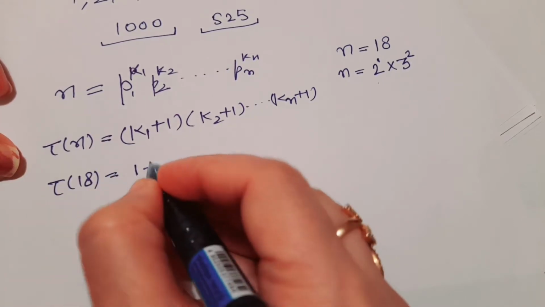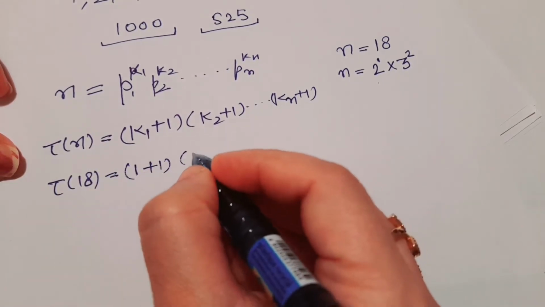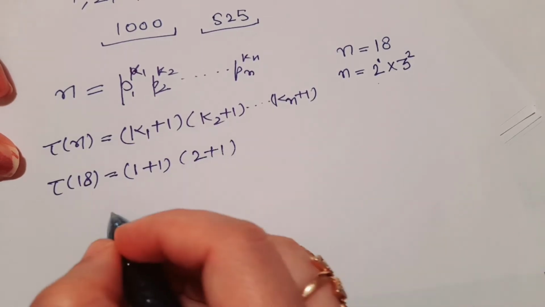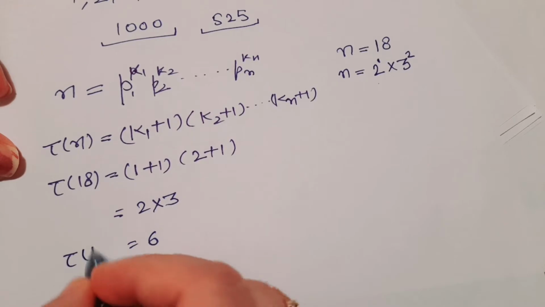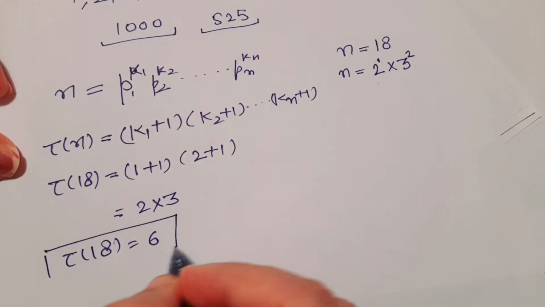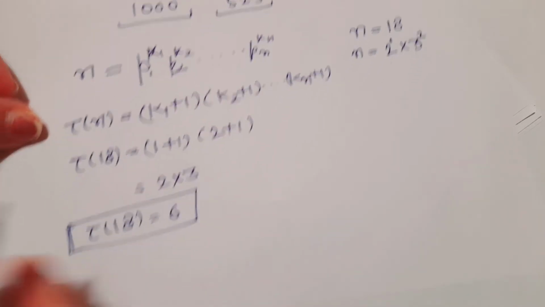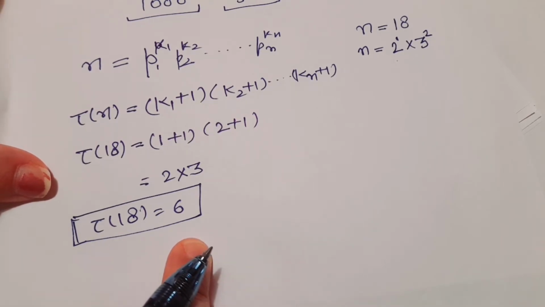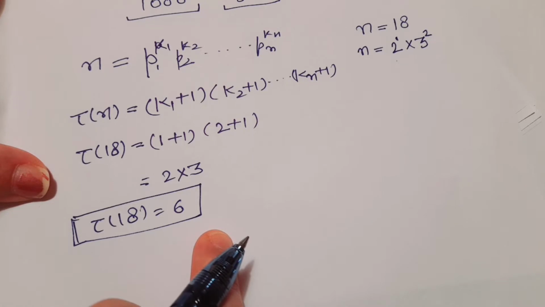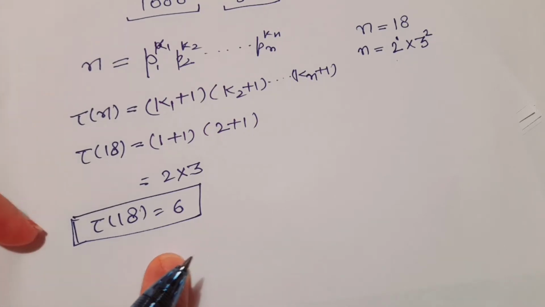K1 is 1 here, so 1 plus 1, and what is k2? K2 is 2 here, so 2 plus 1, that means 2 multiplied by 3, that means 6. So tau of 18 is 6. So we can easily calculate the positive divisors of a number, and this is the formula.